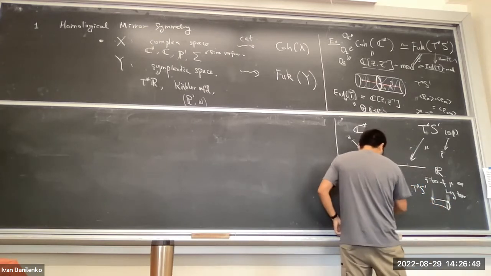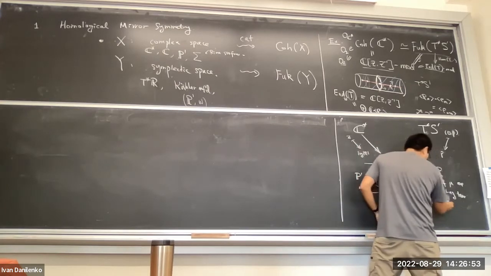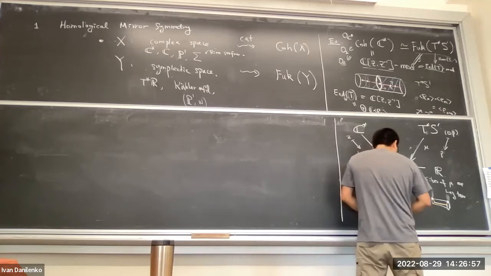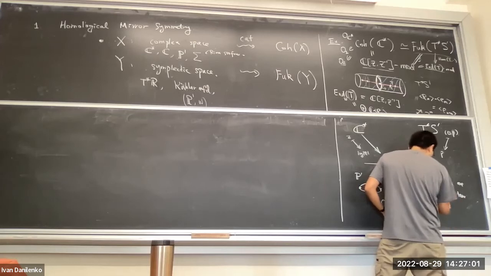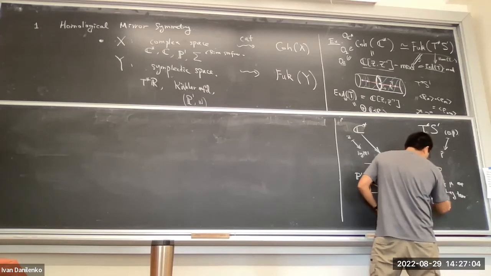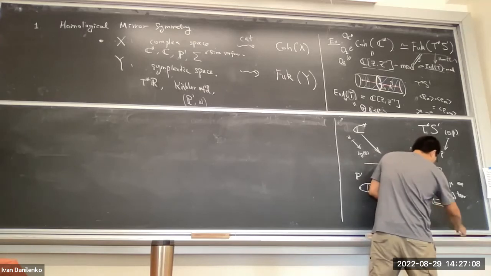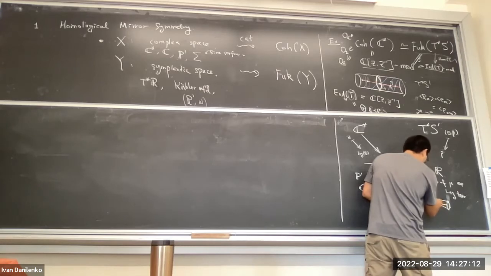Now, the spectral sheaf O0 will correspond to a certain Lagrangian. You can try to compute that this Lagrangian has to be right stopped by the stop. I can't draw it.